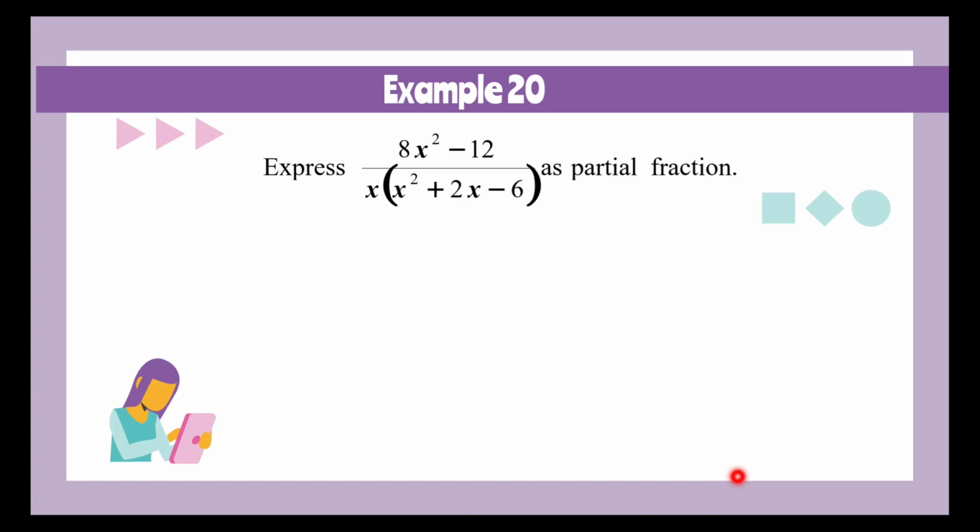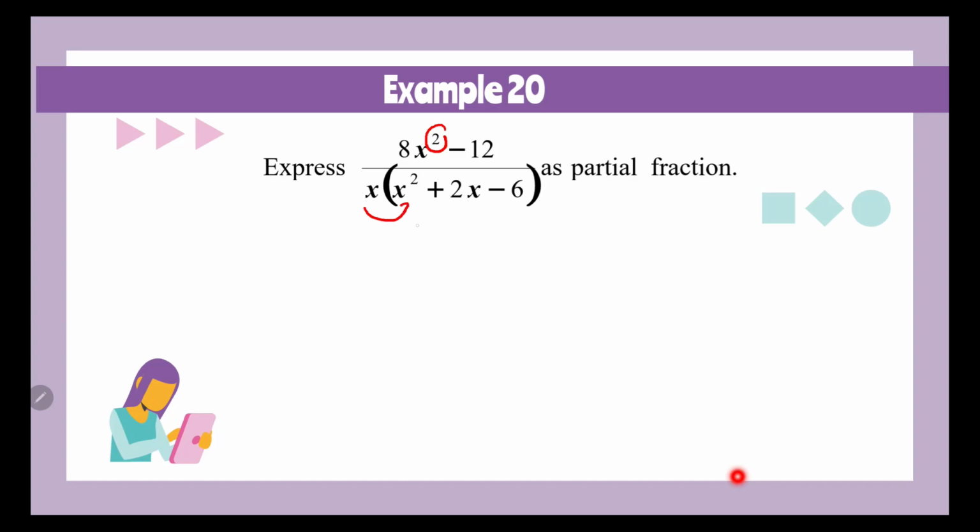Express 8x squared minus 12 divided by x multiply x squared plus 2x minus 6 as partial fractions. Before we start our question, we always need to recognize whether this is a proper or improper fraction. The degree of your numerator is 2.